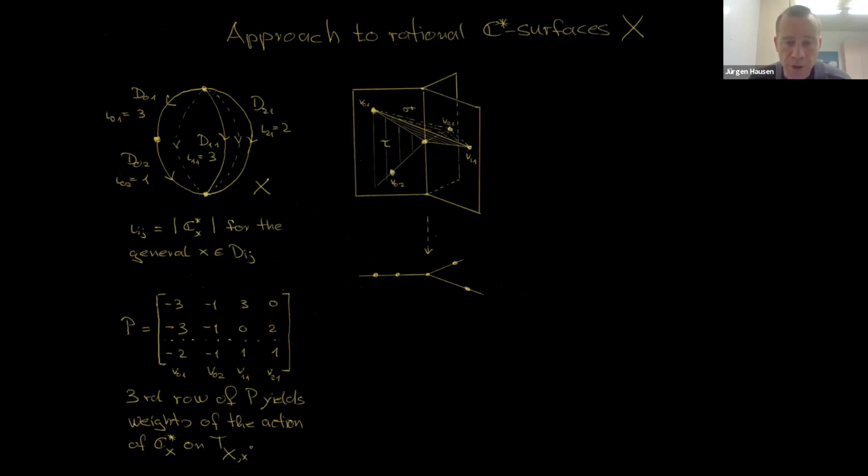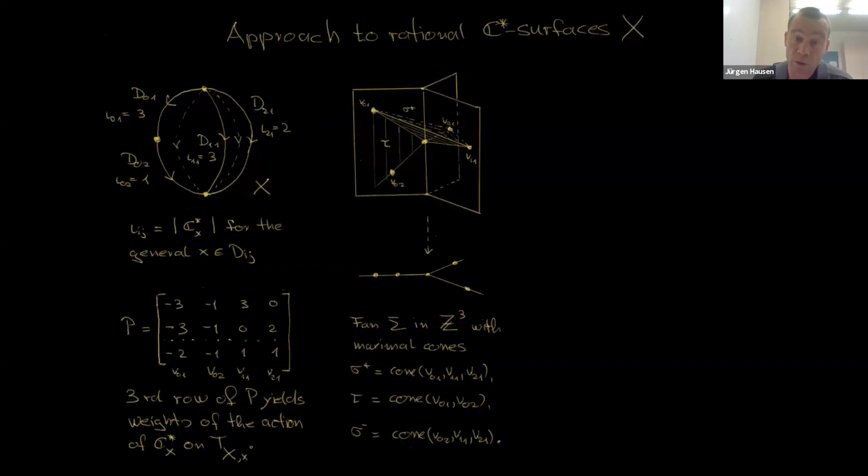Moreover, we see in the picture a fan in Z3. It has as its maximal cones a cone sigma plus, which is generated by the upper three rays. From each of the leaves, I take the upper vector. This gives me a 3-dimensional convex cone.